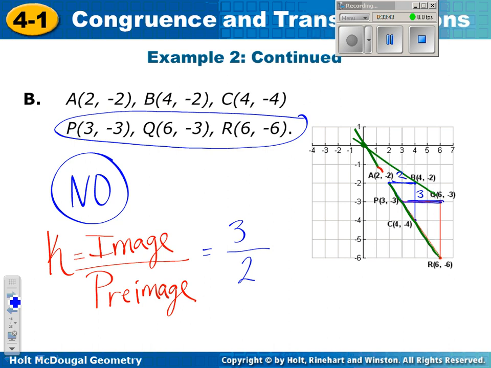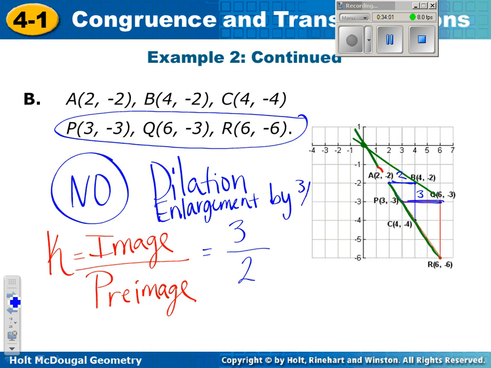So I would write down no, this is a dilation. What kind of dilation is 3 halves? Enlargement, because it's bigger than 1, right? So it's a dilation, enlargement by 3 halves. How would that look as a rule?